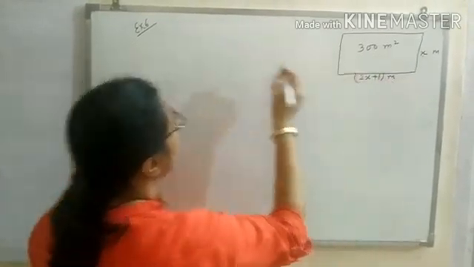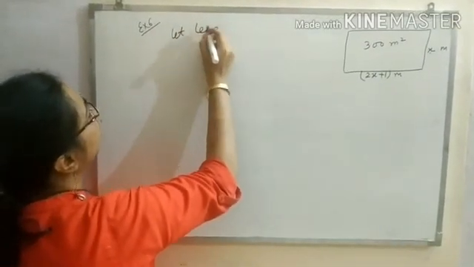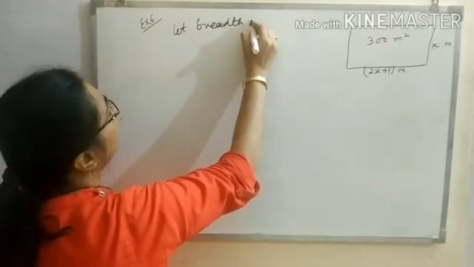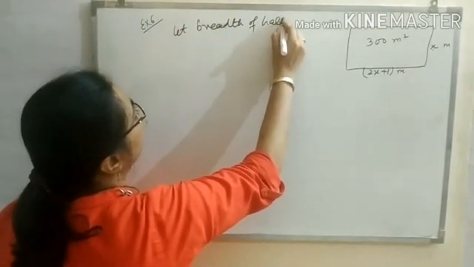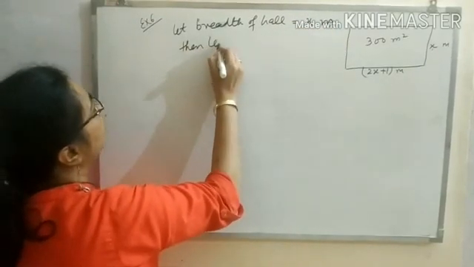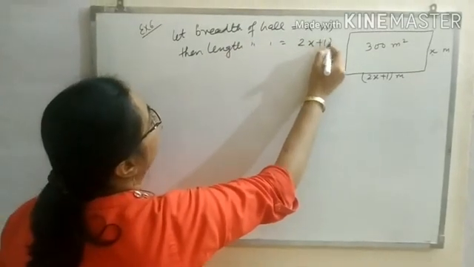So we will suppose here, this we have done earlier also. Let the breadth of the hall be x meter, then the length will be 2x plus 1 meter.